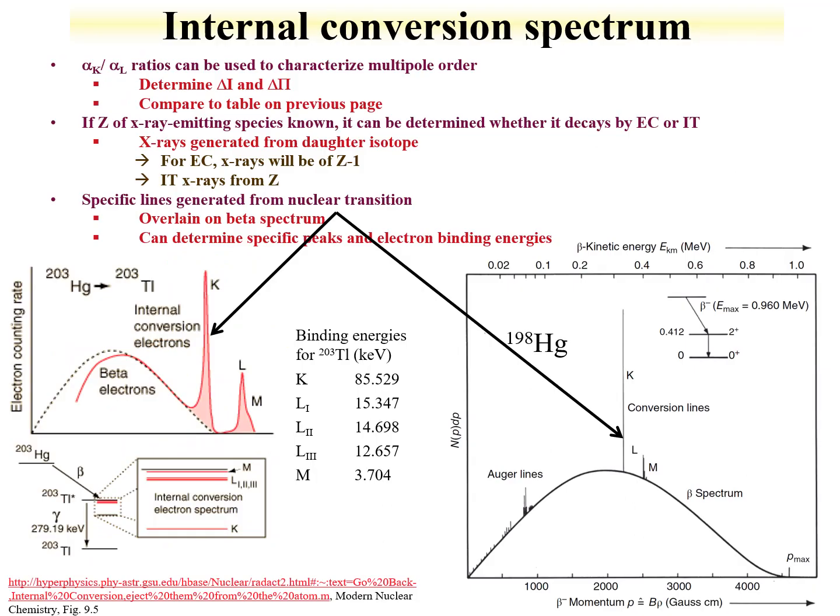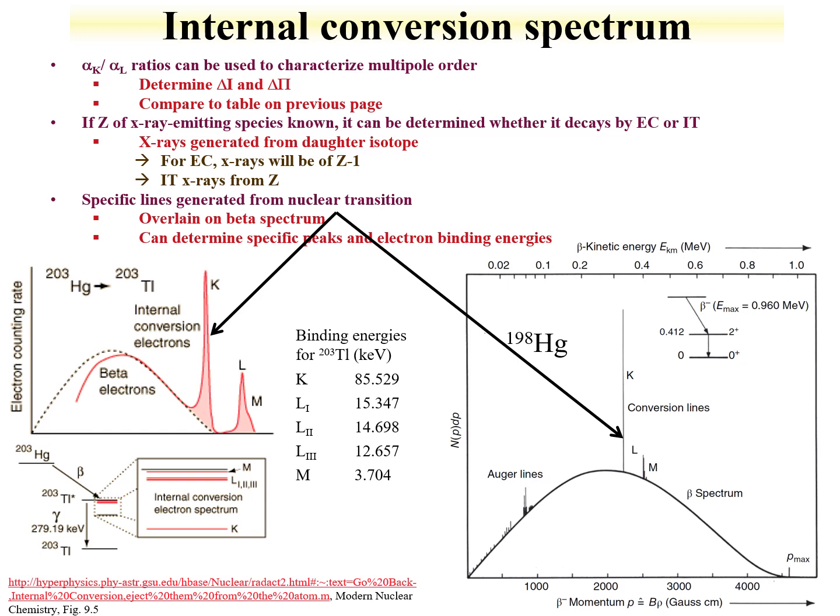Now these internal conversion electrons can show up on beta spectra. And here's an example of two peaks where we can see for mercury-198 and mercury-203, where we'll have beta electrons, and then on top of those spectra we'll see the internal conversion electrons, and we see the K, the L, the M. From this we can get the K to L ratios.